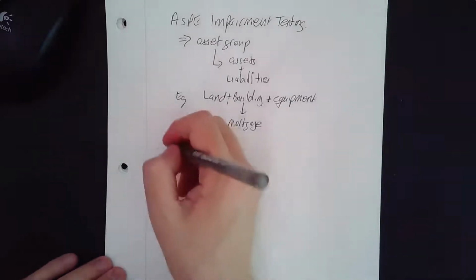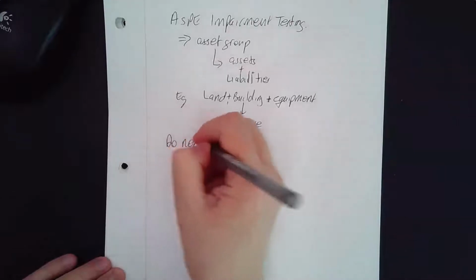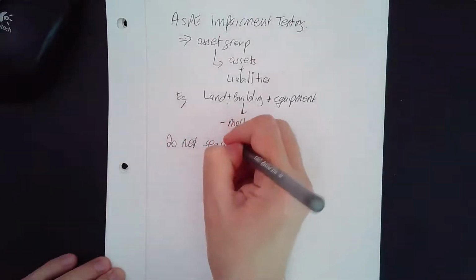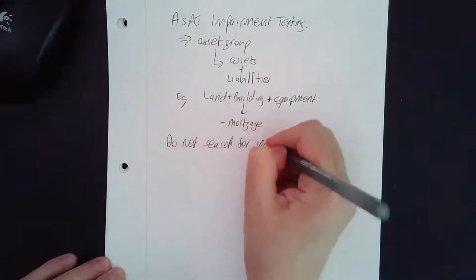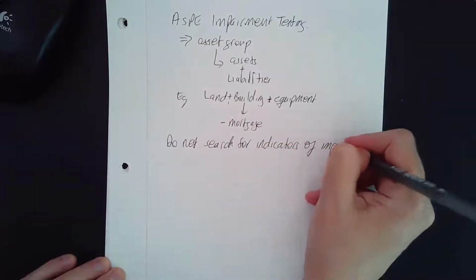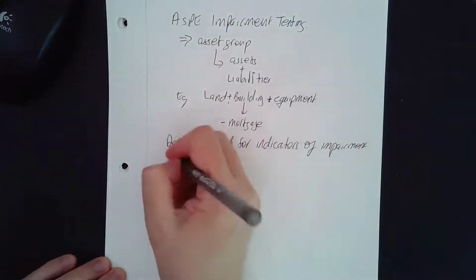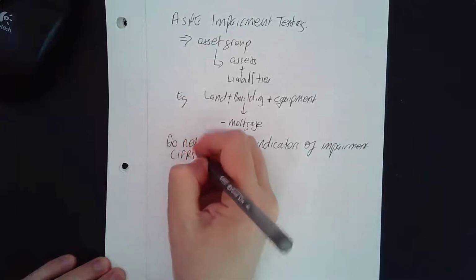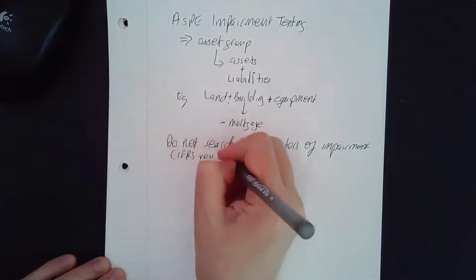Okay? So do not search for indicators of impairment. That's for IFRS. You do that.